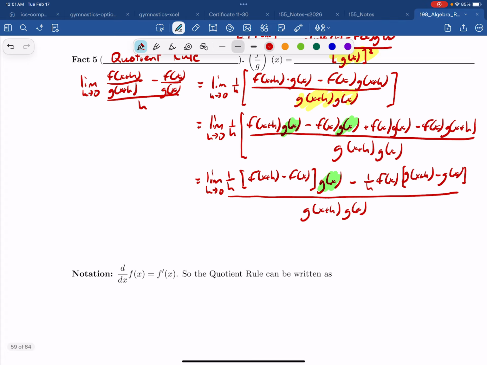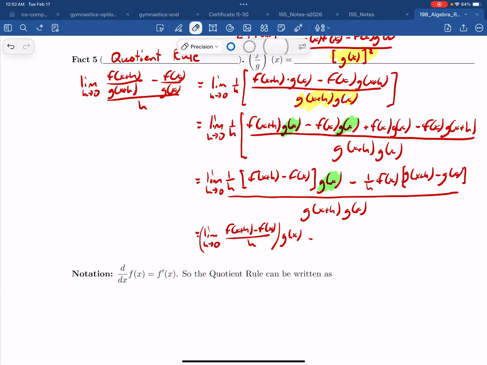Okay, and maybe using a couple of limit laws, and just writing things a little bit differently, we can rewrite this as the limit as h approaches 0 of f of x plus h minus f of x all over h, times g of x, minus f of x times the limit as h approaches 0 of g of x plus h minus g of x all over h.